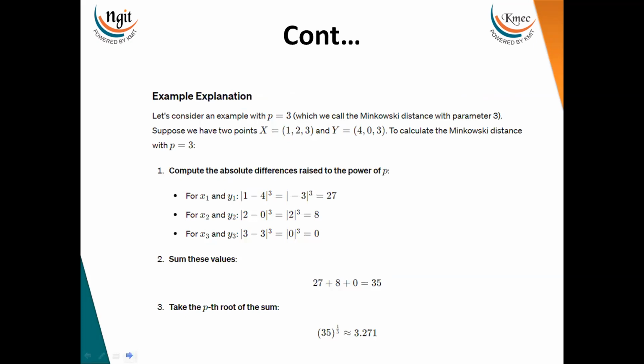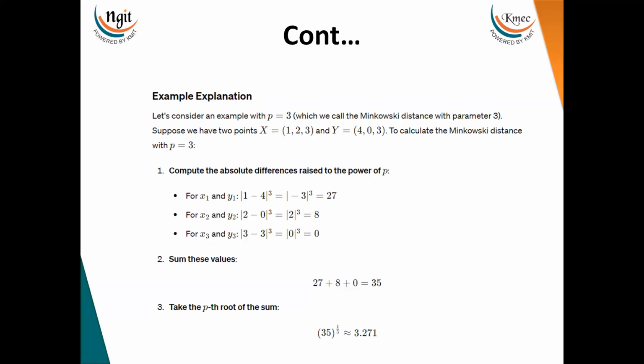Now we'll see how it works. We'll take a simple example. I'm considering p value here as 3. So we say Minkowski distance with parameter 3, and I have two data points x and y. x consists of values 1, 2, 3 and y consists of 4, 0, 3, and I want to calculate the Minkowski distance with p equal to 3.